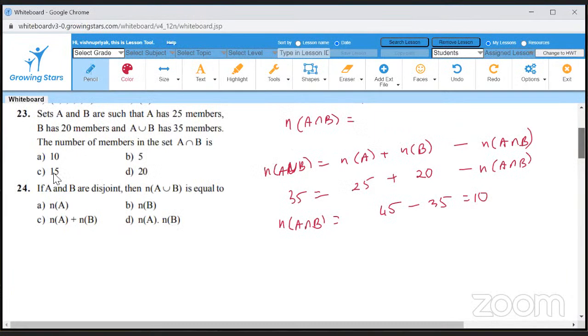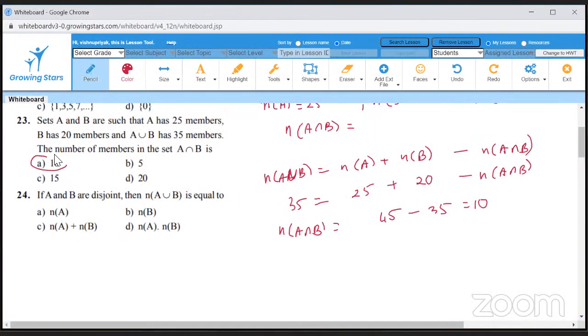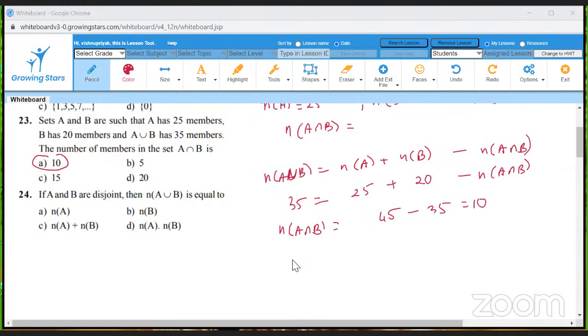That is 10. Option A. Yes, many. Vidya, Rajeshwari, Kumar, Lohit, all of you said the correct answer.